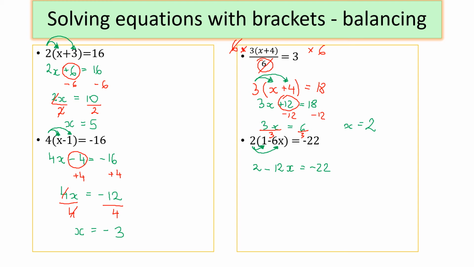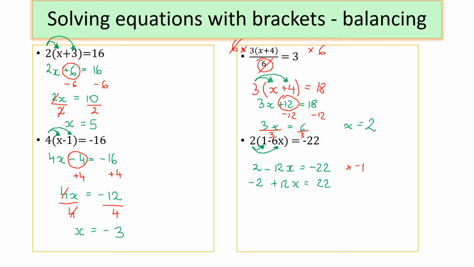I have negative 12x. Now I can at this point times the whole equation by minus 1, and then what I get is negative 2 add 12x, and that's equal to 22.